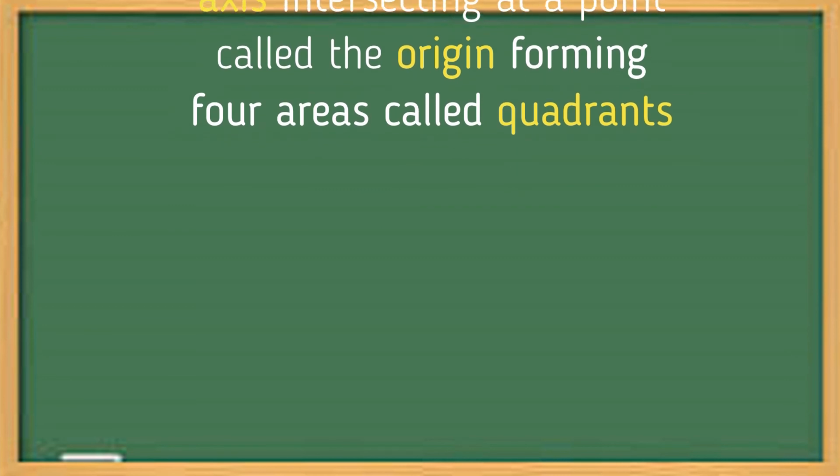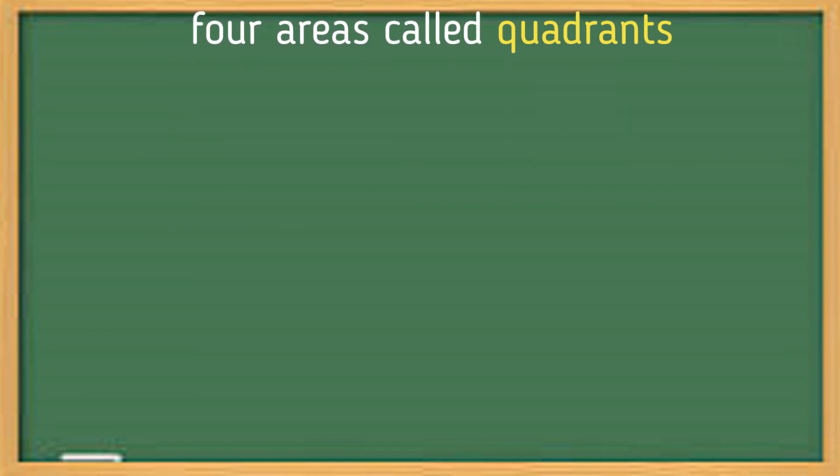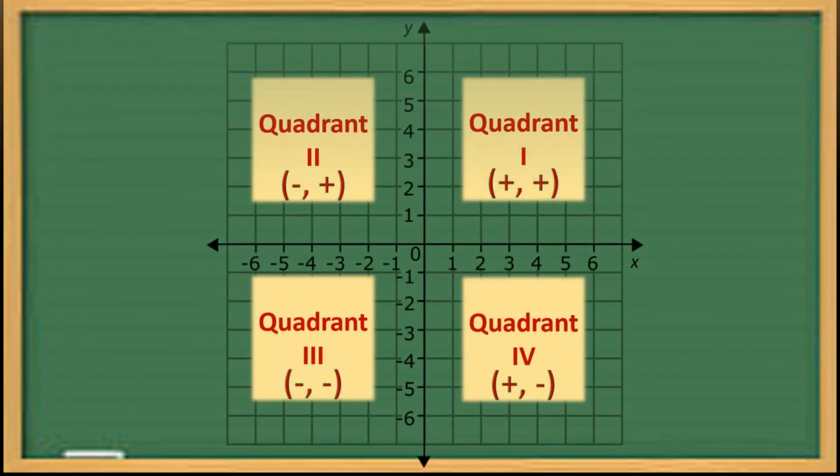The four areas formed are called the quadrants, numbered from the upper right-hand corner, moving counterclockwise. The signs of the coordinates in the first quadrant are both positive, negative and positive on the second quadrant, both negative on the third, and a positive and a negative on the fourth.